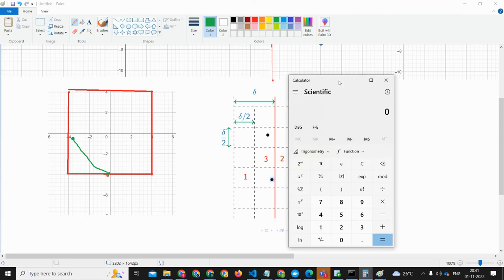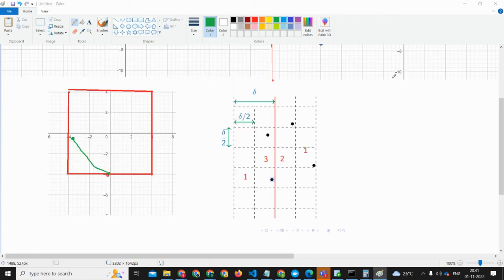What is root 2? You're getting 1.414. So let's say 4 by 1.414 is coming as 2 point whatever. It's not delta by root 4. What is the perpendicular distance?